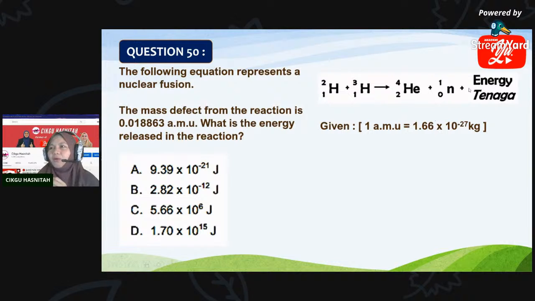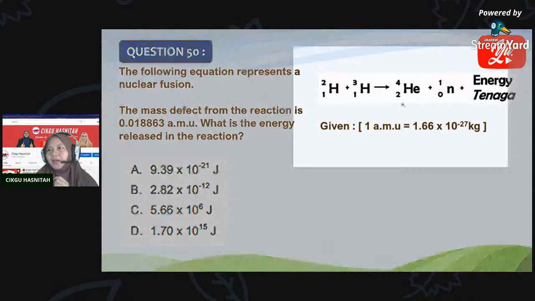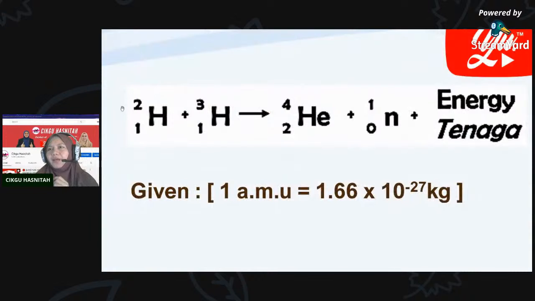Also given is the value for one atomic mass unit equal to 1.66 times 10 negative 27 kg. So we have deuterium, an isotope of hydrogen, combined with tritium, another isotope of hydrogen. It forms helium, and in this process releases one neutron and energy.